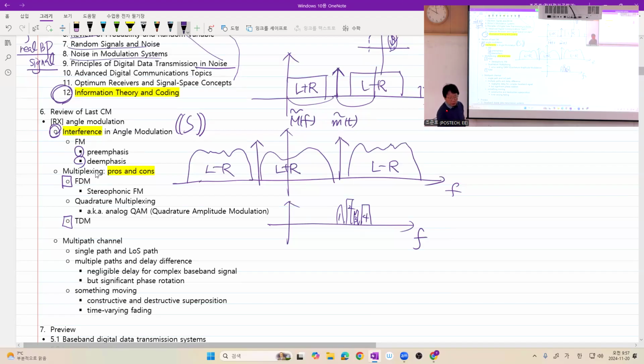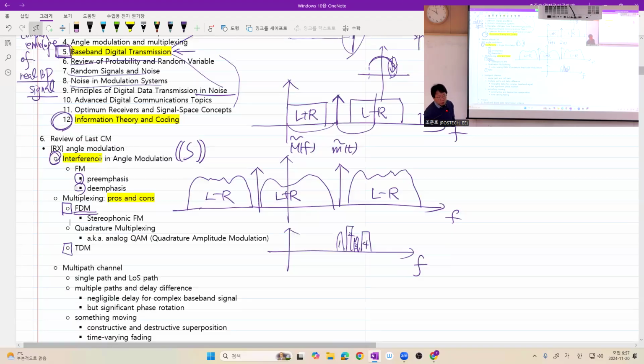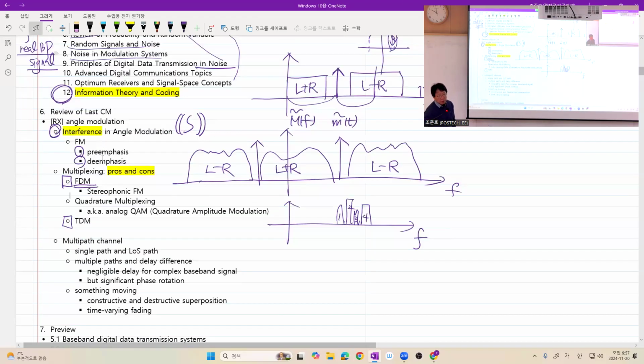And the difference from chapter 4's coverage, chapter 3's coverage of FDM was about stereophonic FM. Stereophonic FM also does frequency division multiplexing at the input to the FM modulator.